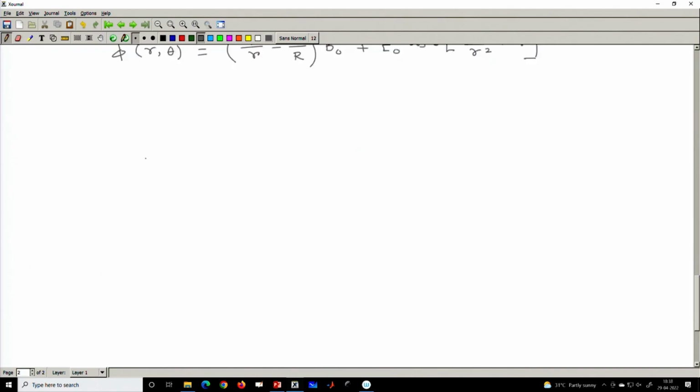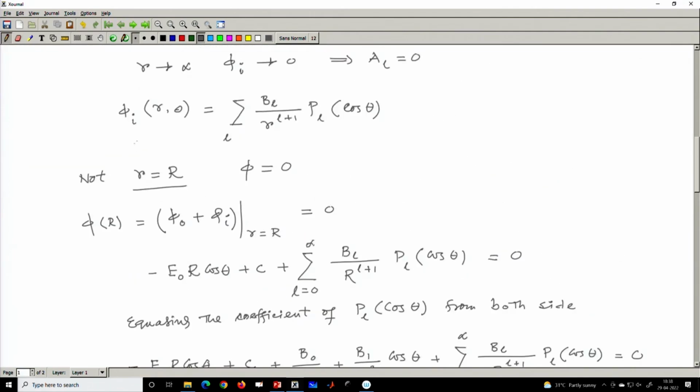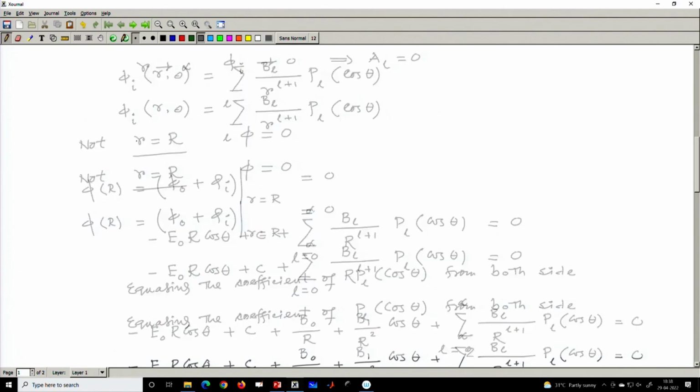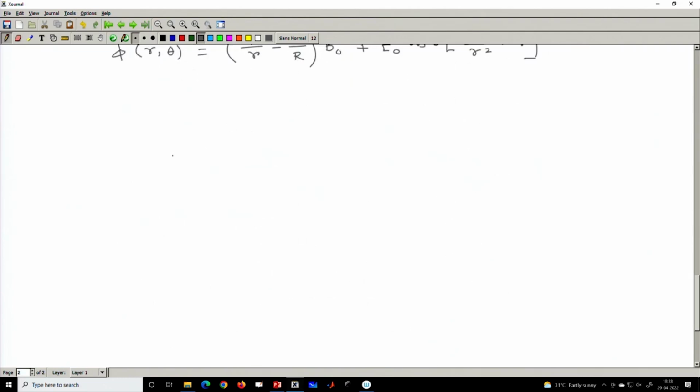So, one of the ways to determine the B0 is the total charge, because the total charge here over this sphere has to be 0, and that condition may lead to the value of B0. So, let us try to find out how to get that.